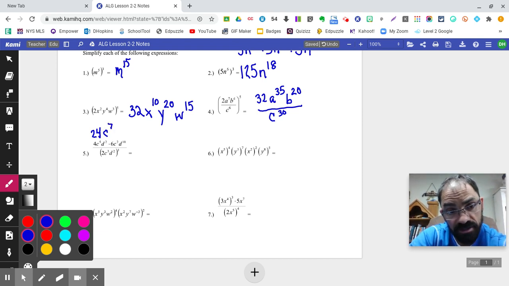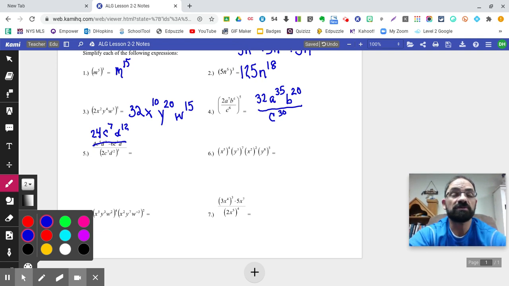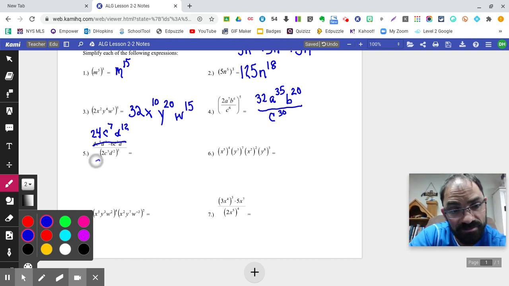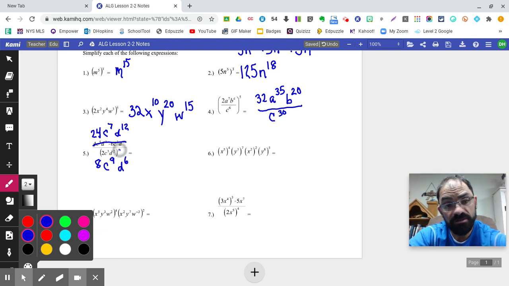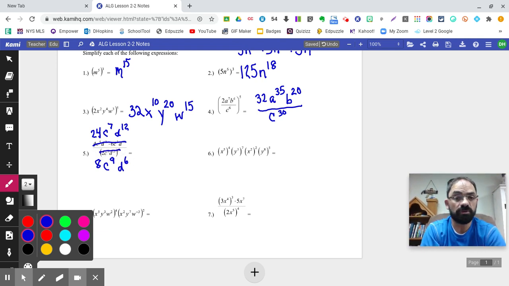D squared times d to the 10th is d to the 12th. All over, let's see here, 2 raised to the third power. 2 times 2 is 4, times 2 is 8. 3 times 3 is 9, so c to the 9th. And 2 times 3 is 6. So they get tricky depending on the rule, so we have to really pay attention.